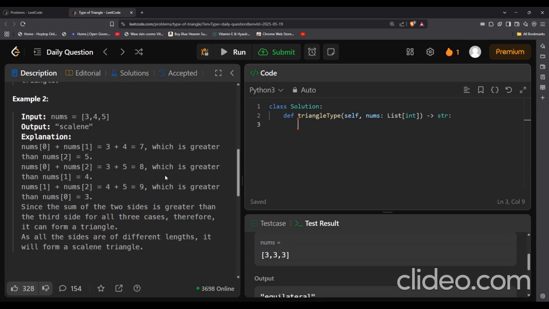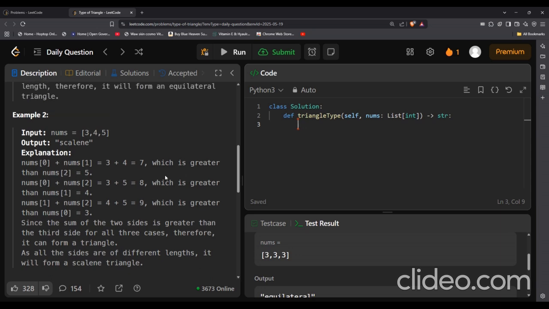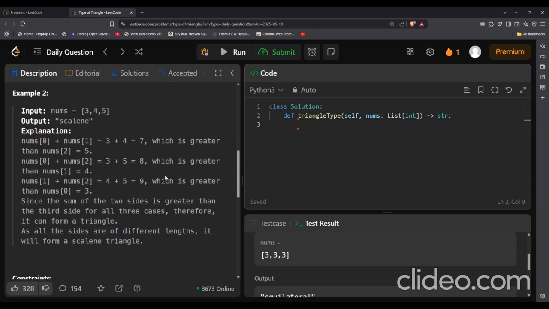Then assuming another triangle which has the sides 3, 4, 5. Here you should be careful. A triangle is something where the sum of any two sides should be greater than the third side, right? So in this case, 3, 4, 5, when you add 3 plus 4, which is 7, it is obviously greater than 5.